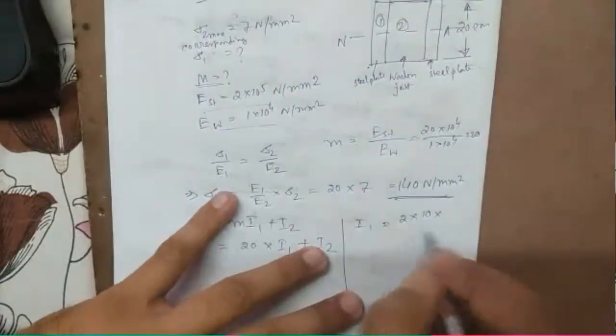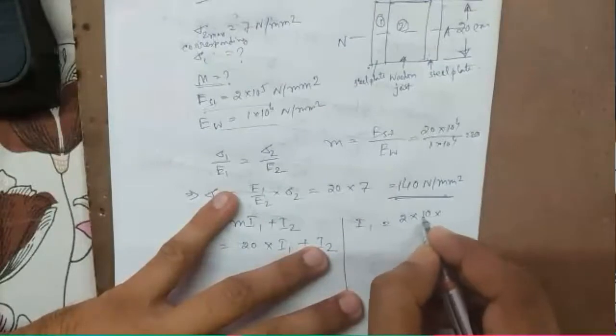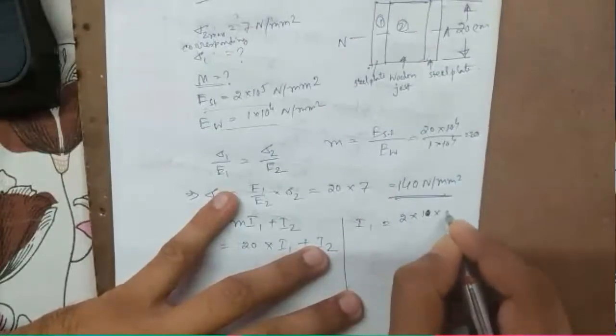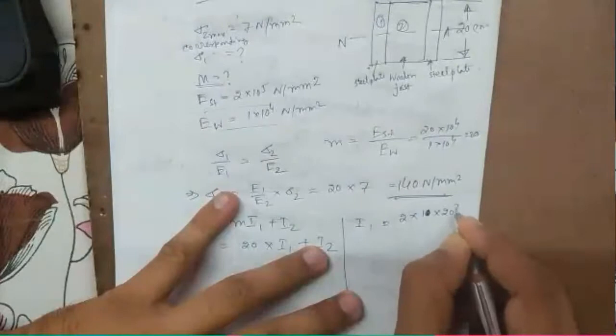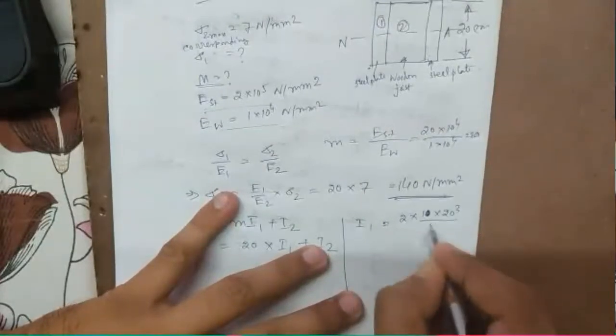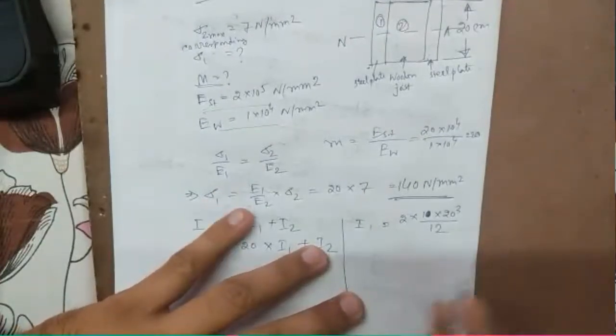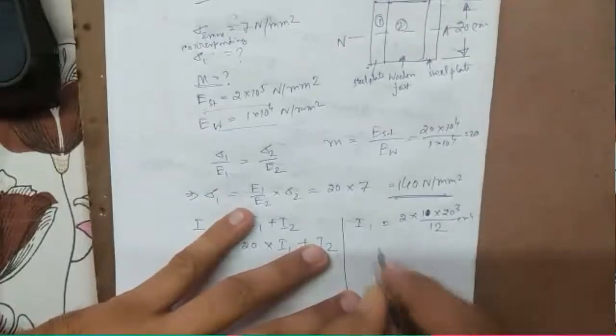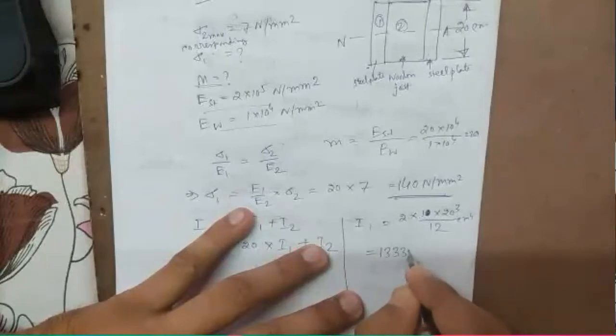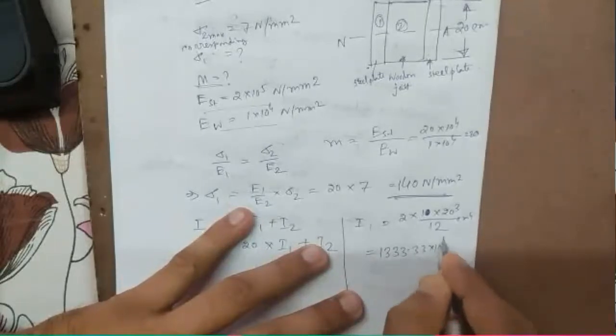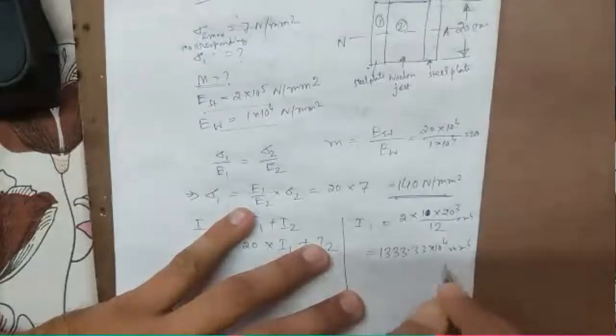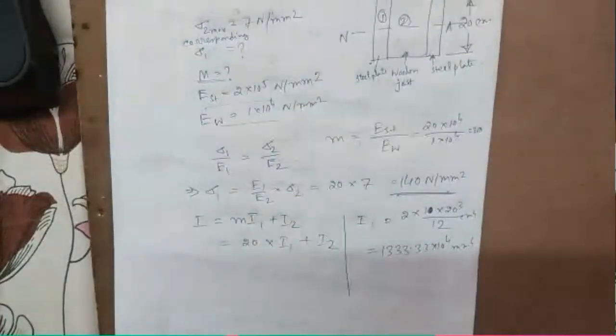So we just do it in centimeter, later I will convert it. So 1 into 20, so 2 into BD cube by 12, this much centimeter to the power 4. Upon calculation we will get 133.33 into 10 to the power 4 millimeter to the power 4. So from centimeter 4 to millimeter 4, 10 to the power 4 is being multiplied. Now this is I1.